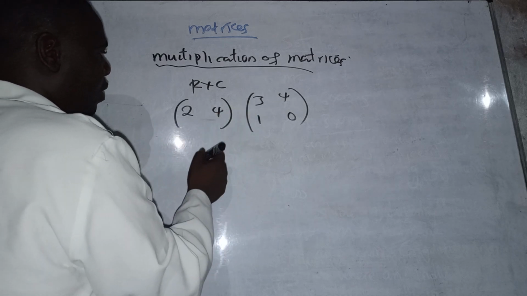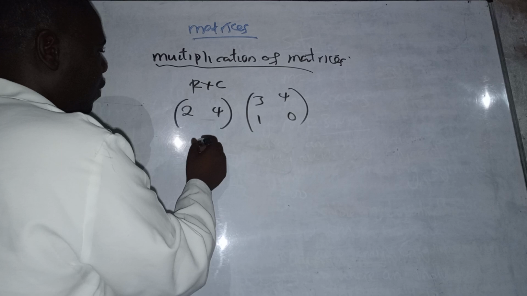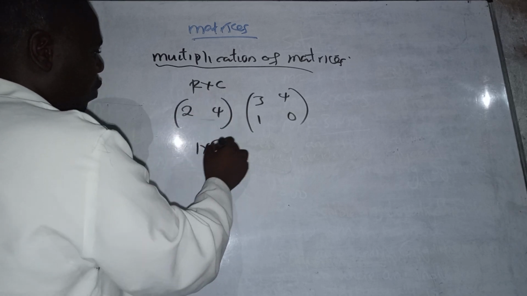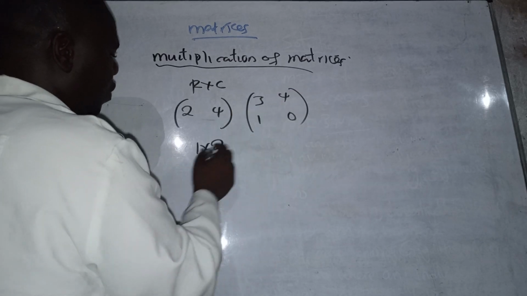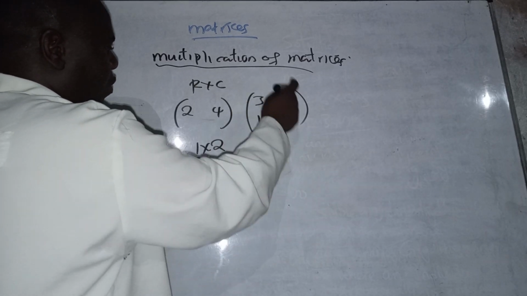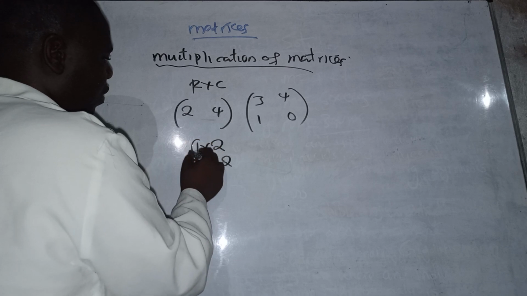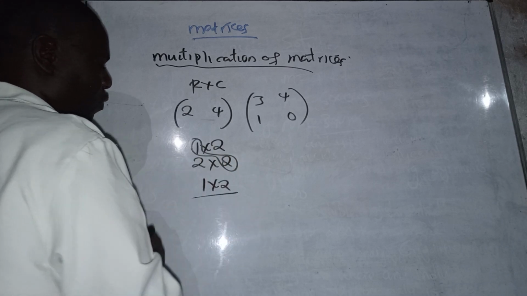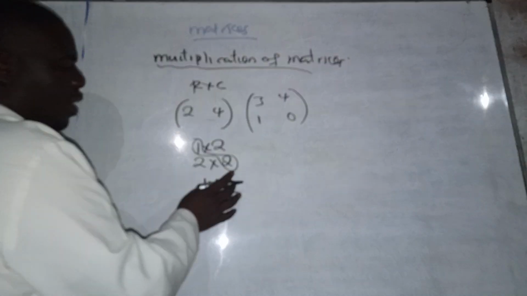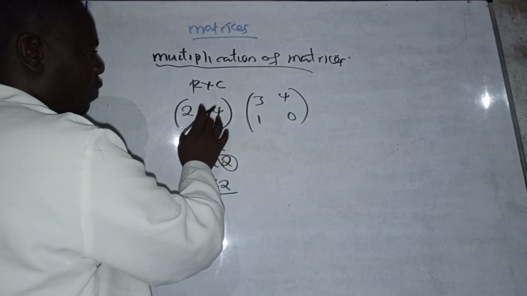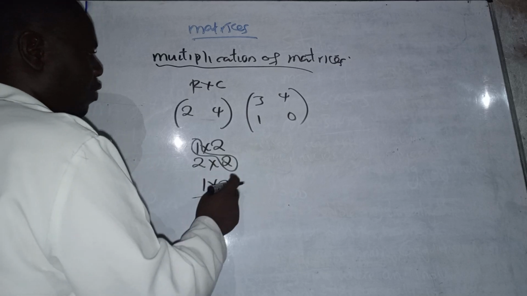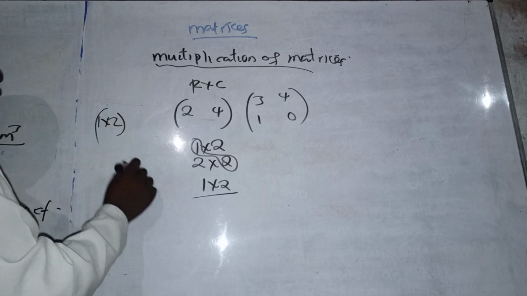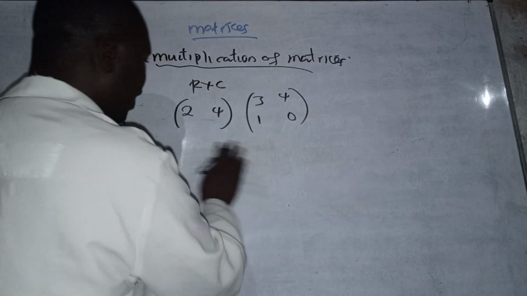The order in this case is 1 by 2 times 2 by 2, so the final answer for the product of the two matrices will be 1 by 2.